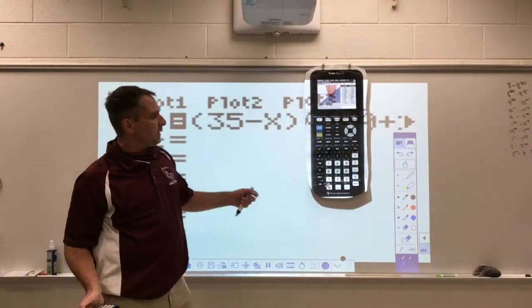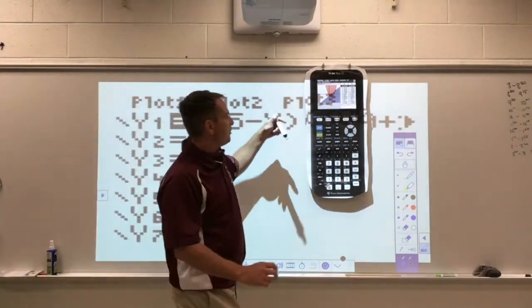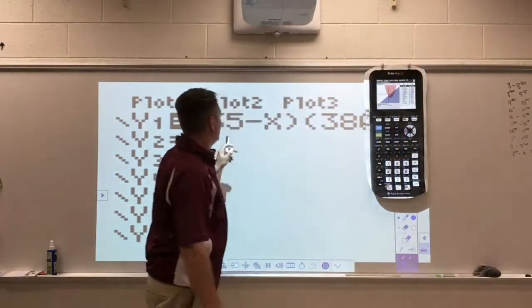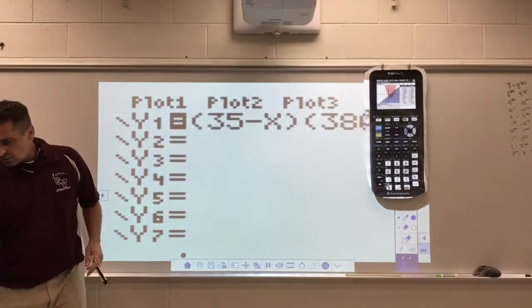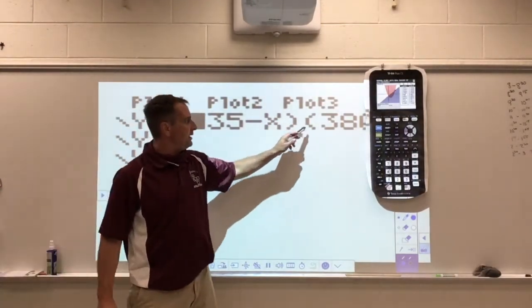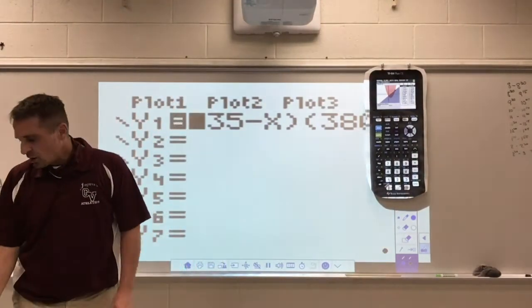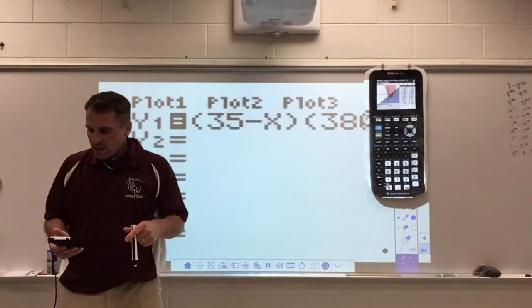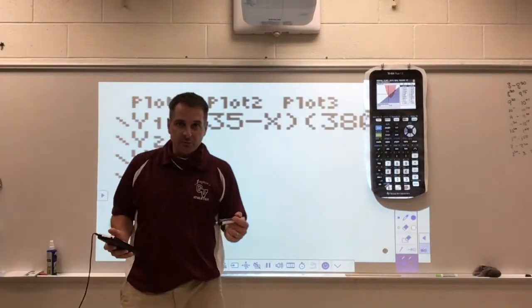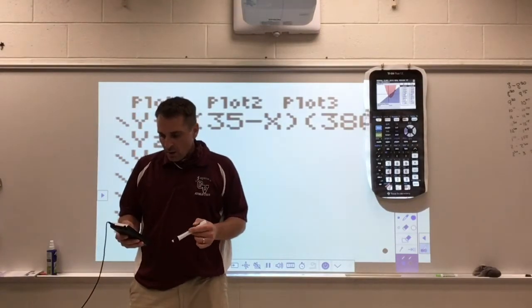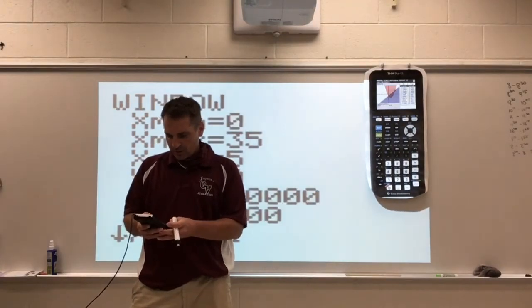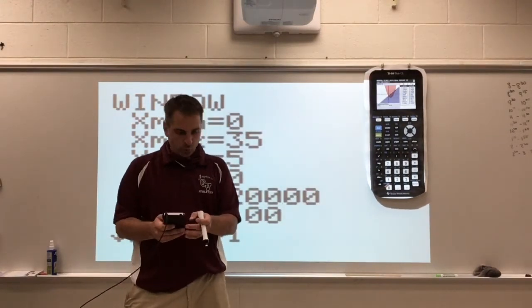You can see, this is in the way now. I already have it plotted in: 35 minus X times the quantity 380 plus 20X. My screen kind of clips off there. Now, this is where it's going to get a little bit frustrating at times for you. When we hit graph, first of all, you have this window button.